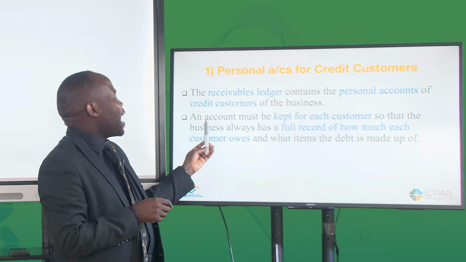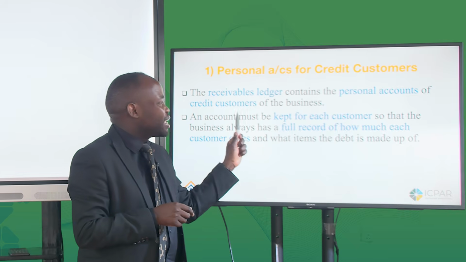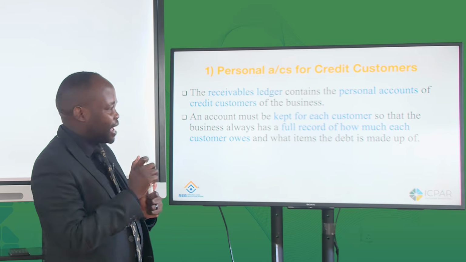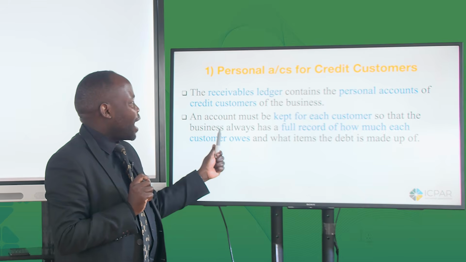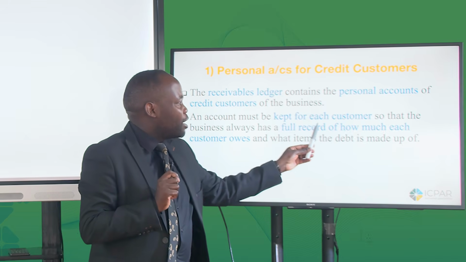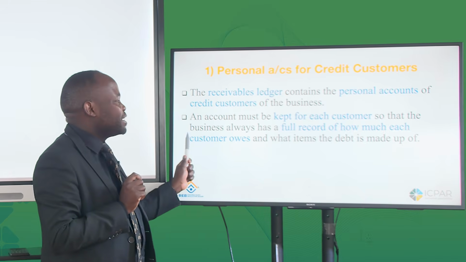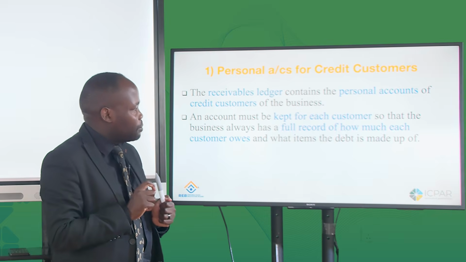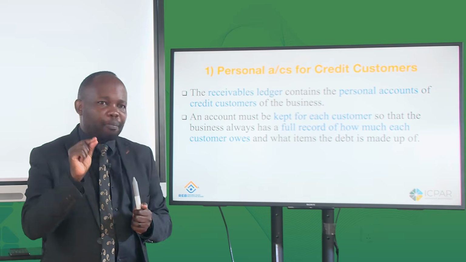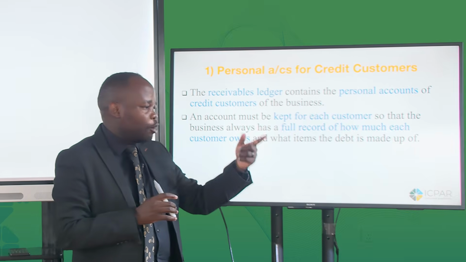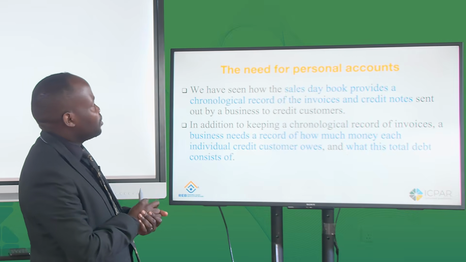An account must be kept for each customer, and there should be a full record of how much each customer owes the business, what items the debt is made up of, and the breakdown of the debts.